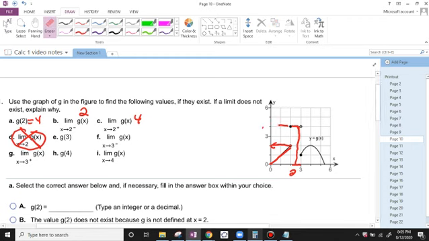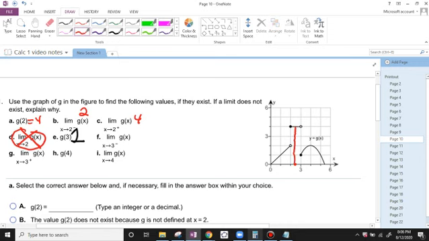The black dot for 3. G of 3, the black dot is at 1. The limit from the left, I'm on this graph. I'm going to come from the left of 3. That puts me, so I want to take one of these points.